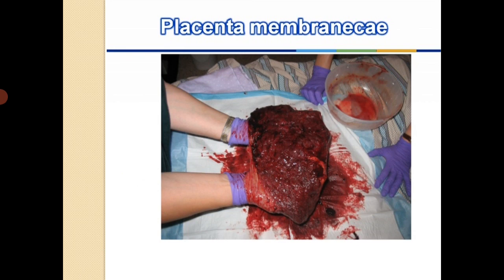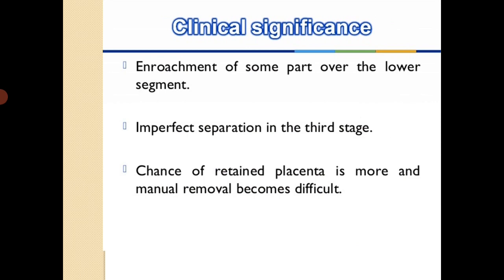Next condition is placenta membranacea. Here, encroachment of some part over the lower segment causes imperfect separation in the third stage of labor. The chance of retained placenta is more here and manual removal becomes more difficult.